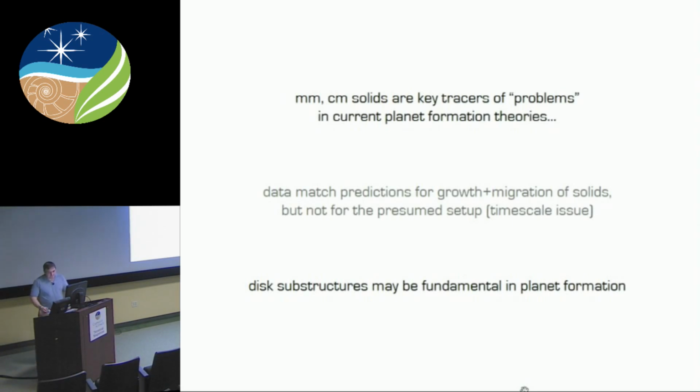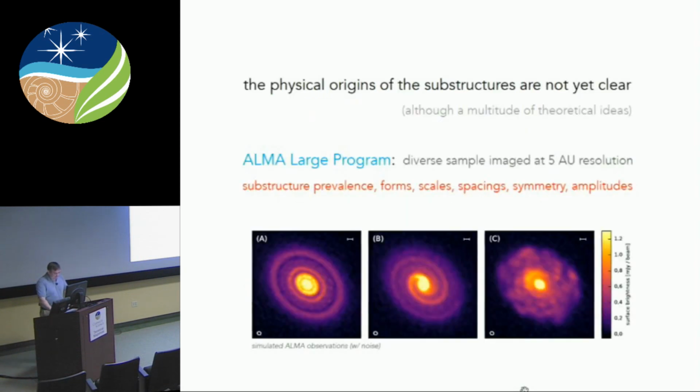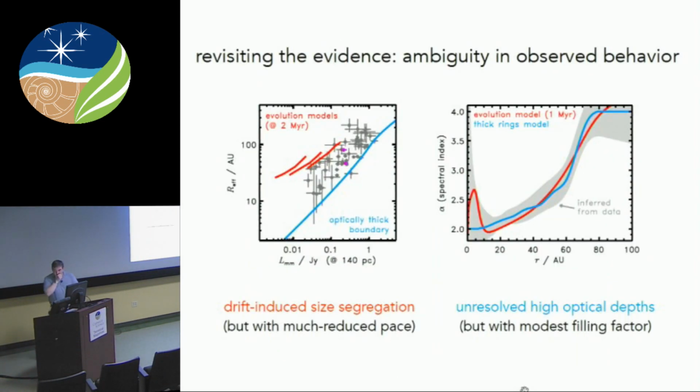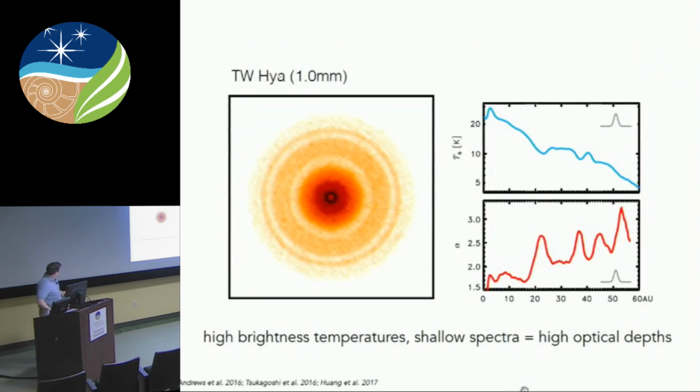So you showed 2 different plots of alpha for TW Hydra, the one that your student's working on, and then this smooth one. Are they the same? They're not the same, but they are consistent. So this was inferred from the previous generation of data, not high resolution. This is sort of 20 AU, right? Yes. Which looks a lot lumpier.